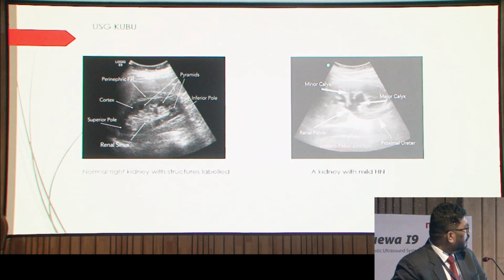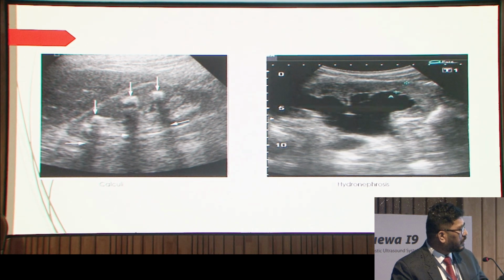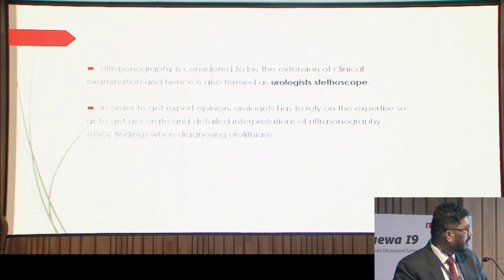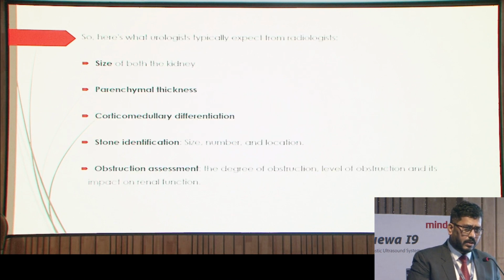These are a few images of sonography. Normal looking kidney, hydronephrotic kidney. This is how a calculus looks, hydronephrosis and parenchymal thinning. So it is like a urologist's stethoscope because it is an extended clinical examination for the urologist.